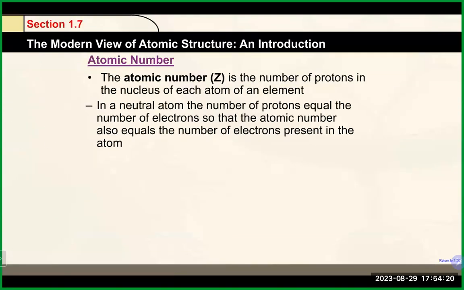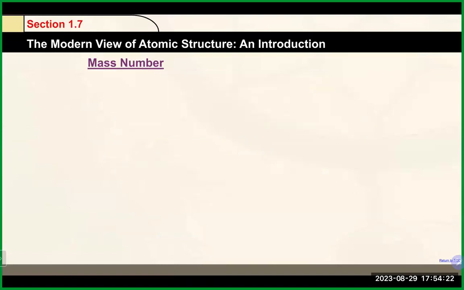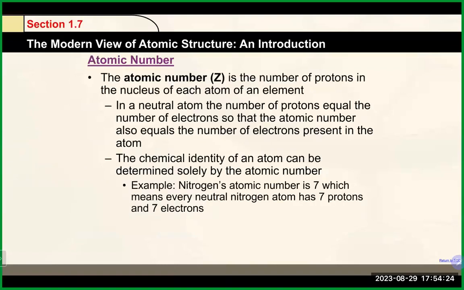One really important number is the atomic number. The atomic number is Z, and the definition of atomic number is the number of protons that you find in the nucleus of an atom. Now, if you have a neutral atom, because there's really only three types of particles in an atom, protons, electrons, and neutrons, the atomic number will also tell you the number of electrons.